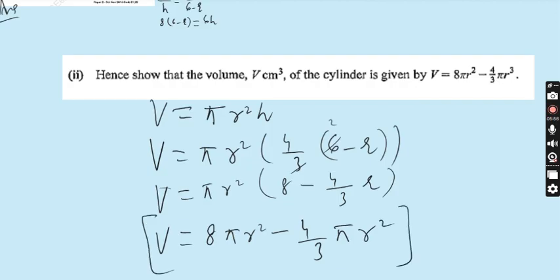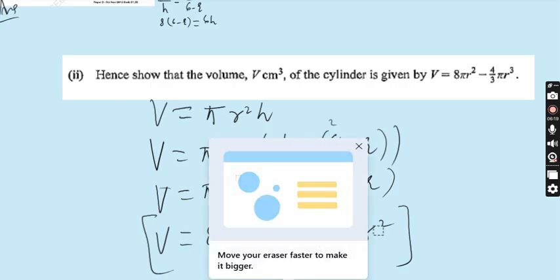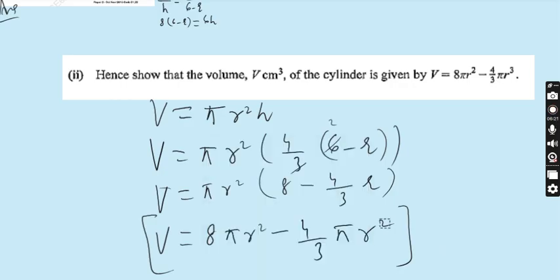So this is the requirement. The volume of the cylinder is given by V is equal to 8 pi r square minus 4 upon 3 pi r cube. Sorry, r square into r is r cube. Okay, student.